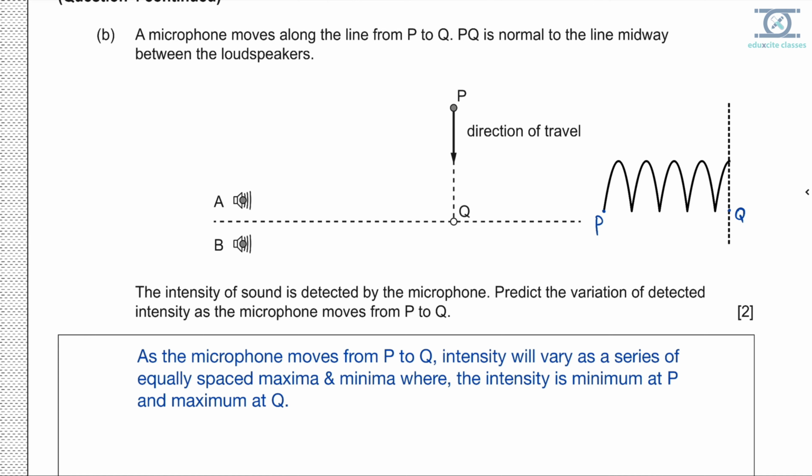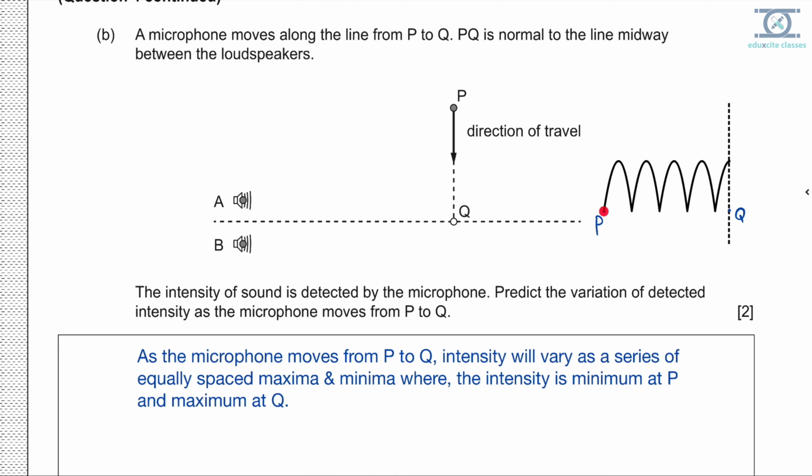As we are moving here, and this is at the midway, they will be in the same phase, they will form a constructive interference. So as the microphone moves from P to Q, the intensity will vary as a series of equally spaced maxima and minima, because it is moving perpendicular to the midway line.